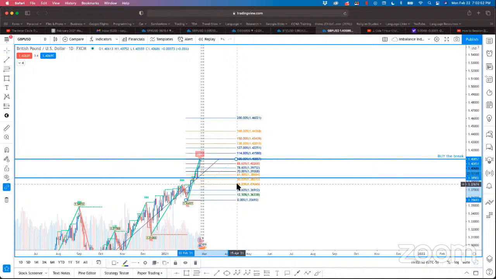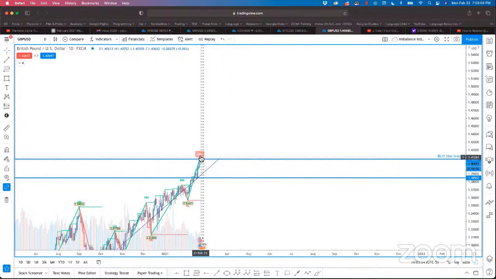Got it? Yes. Makes sense, right? Yes, it does. And if you do buy it when it breaks this, that's cool. But I don't know if this would be a swing trade from here.